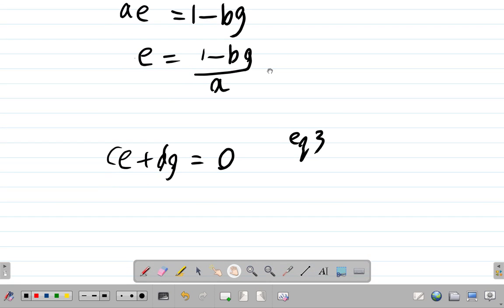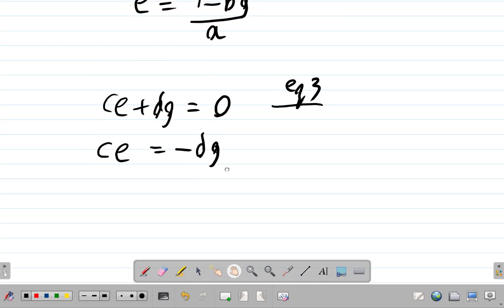Now, we also want to make E the subject of equation 3. So, if we subtract DG from both sides, we have CE is equal to negative DG.